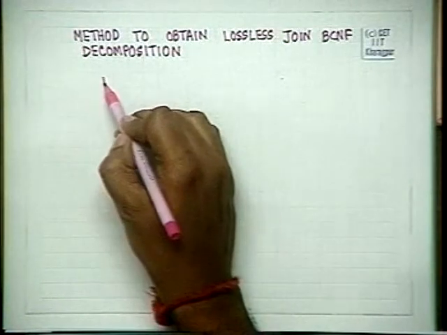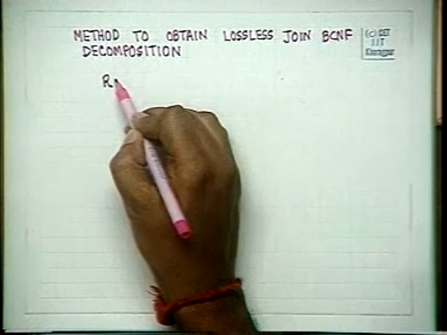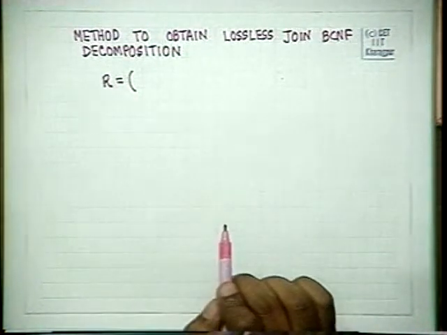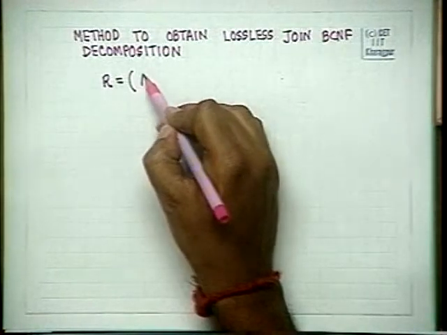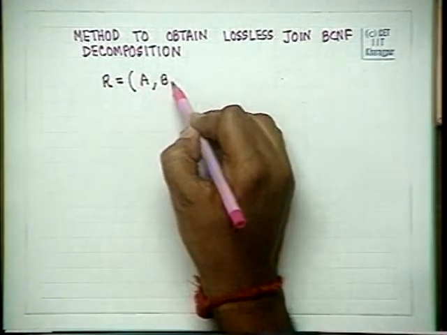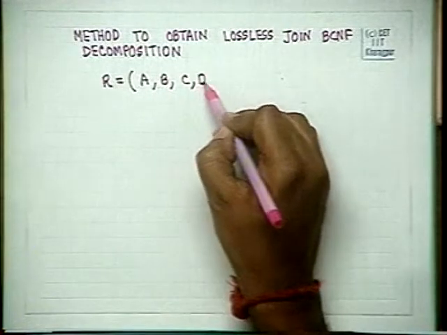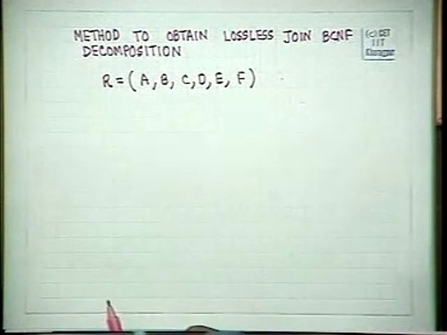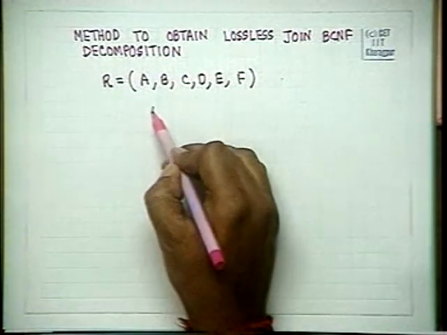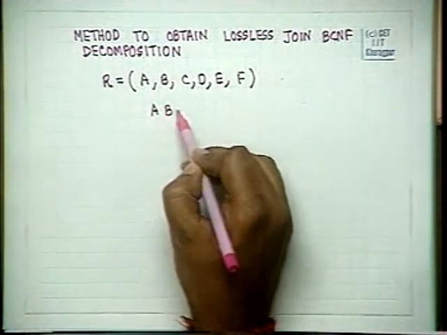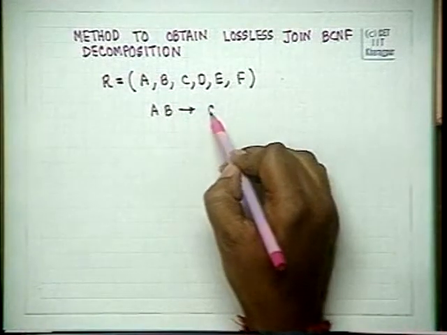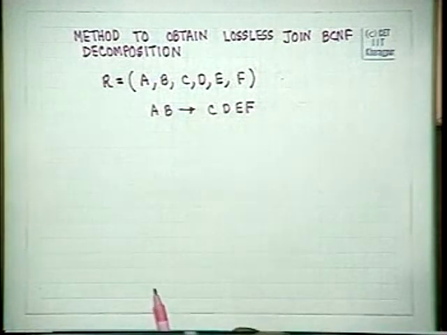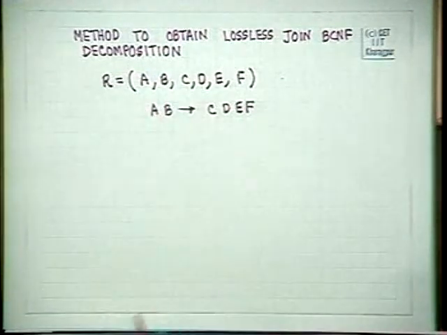Suppose we have a relation R, and let us work it out first with an example, and then we will see what we are going to do. Let there be a relation scheme R with attributes A, B, C, D, E, F. Let us have a functional dependency AB to C, D, E, F, which implies that AB is a candidate key.